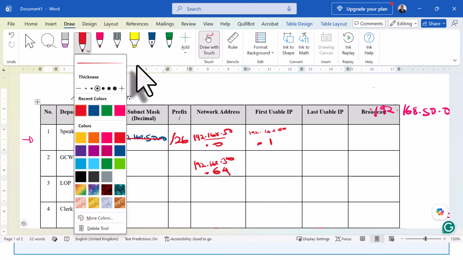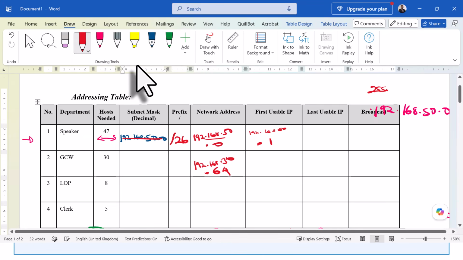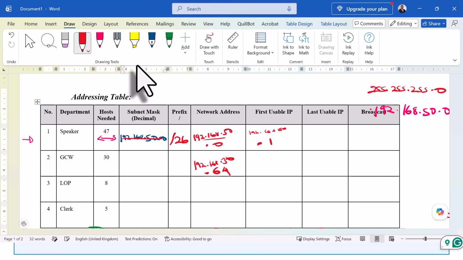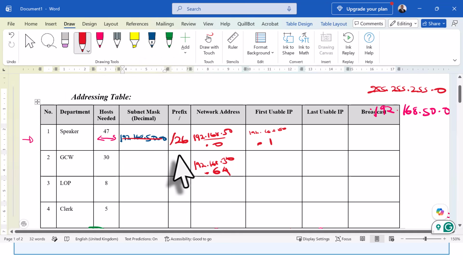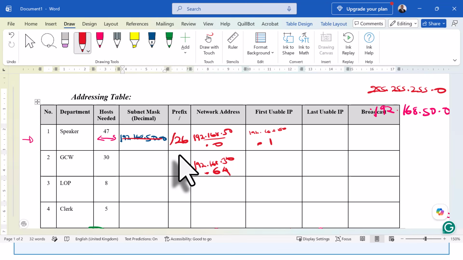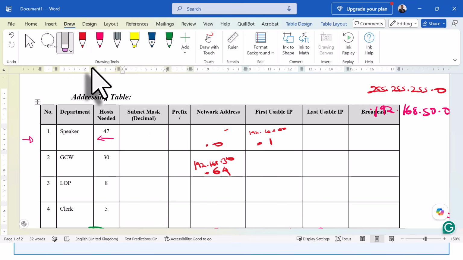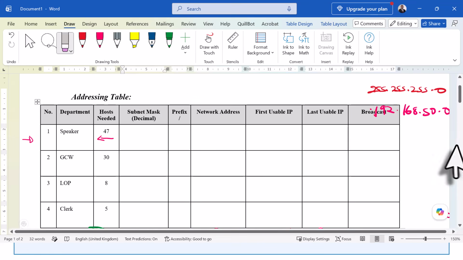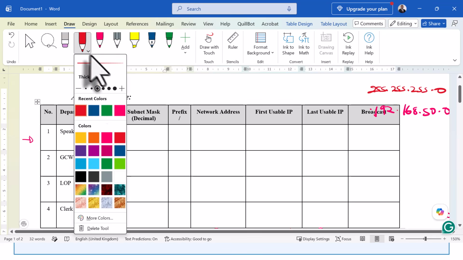Our original subnet mask was 255.255.255.0. Now, let me just rub my table to make it clean for you. Good. So now on my table that I have, let me use a smaller one.